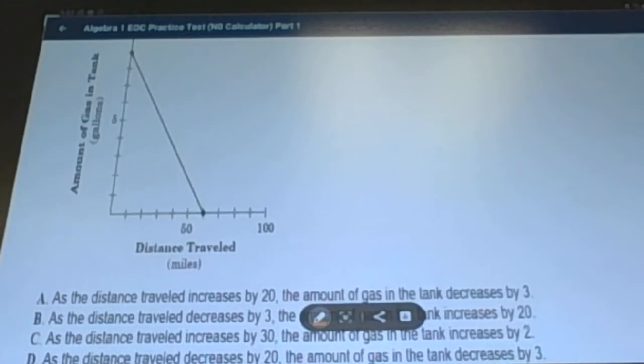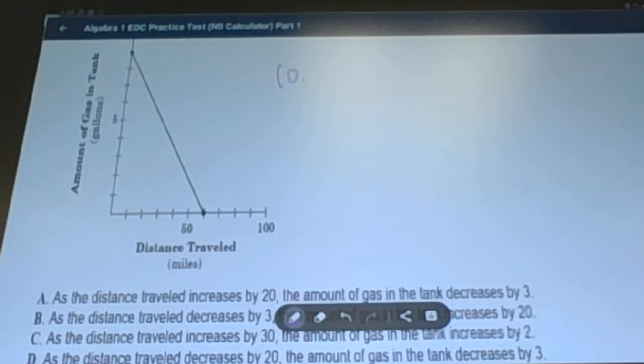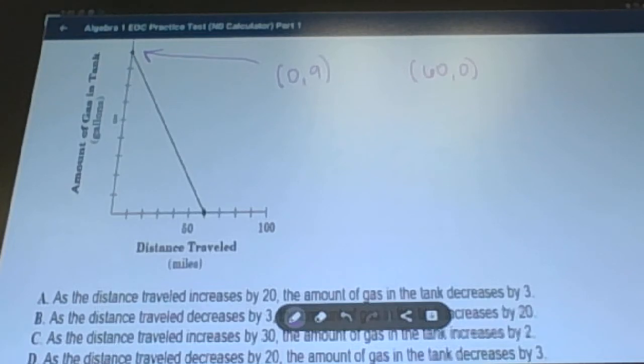Since there is no grid, I can't really tell exactly what's happening here. I have a point at 0, 9 right here. And then down here I have a point at, those are going by tens, 60, 0. So maybe I do slope formula to make this decision.